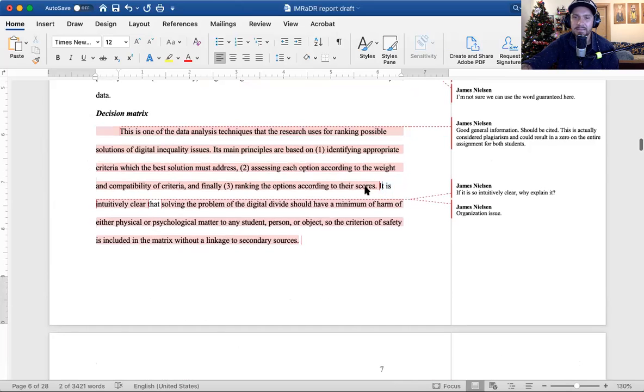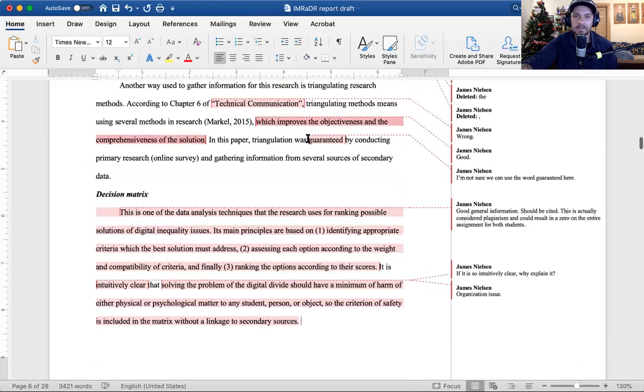And just phrases like this: it is intuitively clear, or guaranteed. These are phrases that I hear students using because they think that it'll make me be like, oh yeah, guaranteed, or, it's intuitively clear. Yeah, good job. But actually I'm like, well, wait, is it intuitively clear? Because if it was intuitively clear, why did you have to say it?